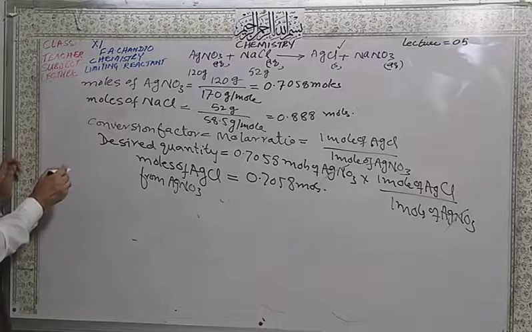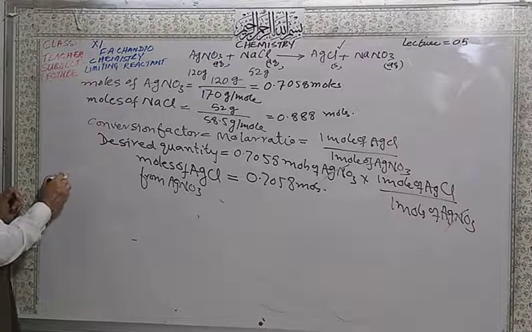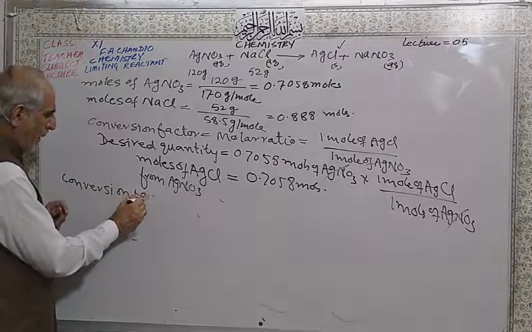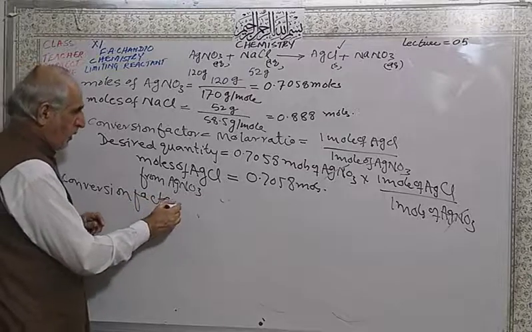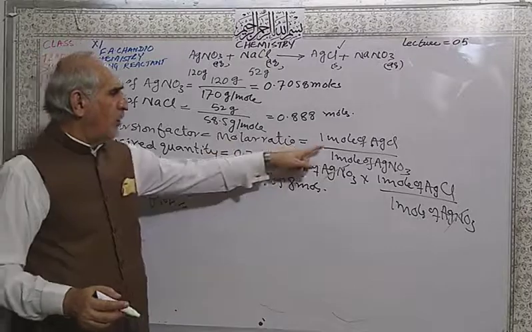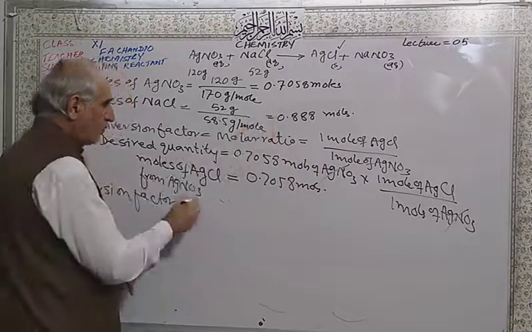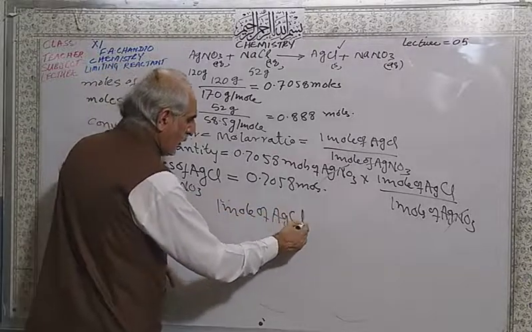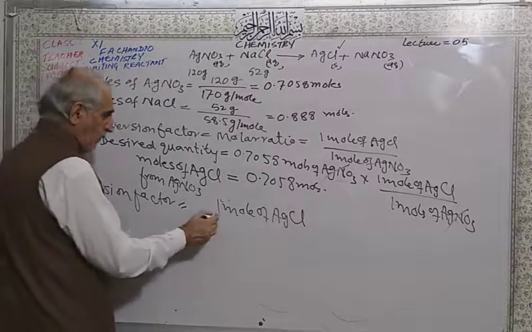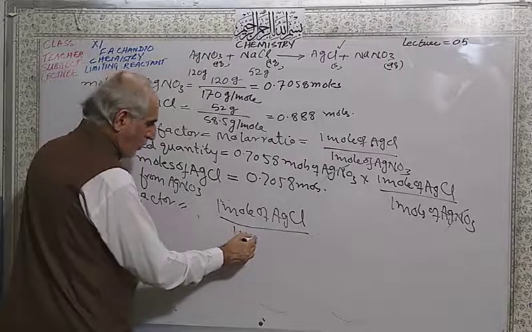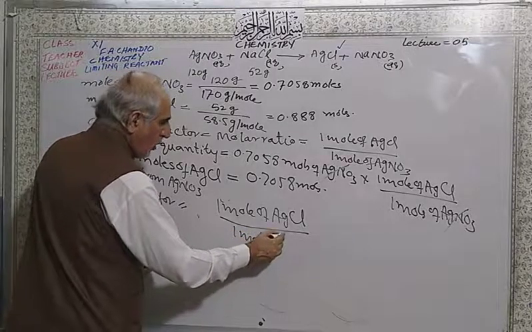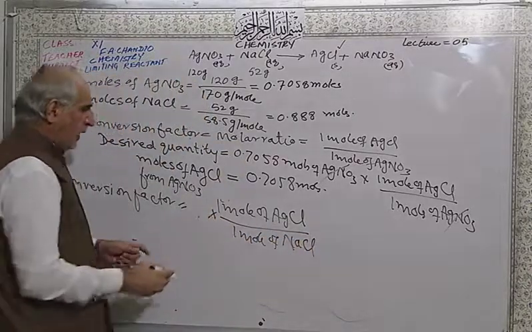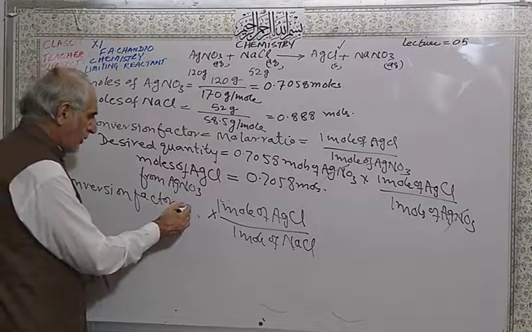The same procedure I am going to calculate. Conversion factor is equal to the molar ratio: 1 mole of silver chloride divided by 1 mole of sodium chloride, multiplied by the given quantity 0.888.